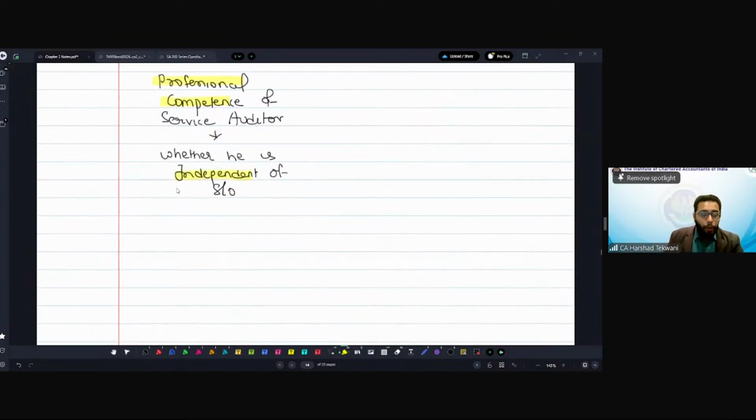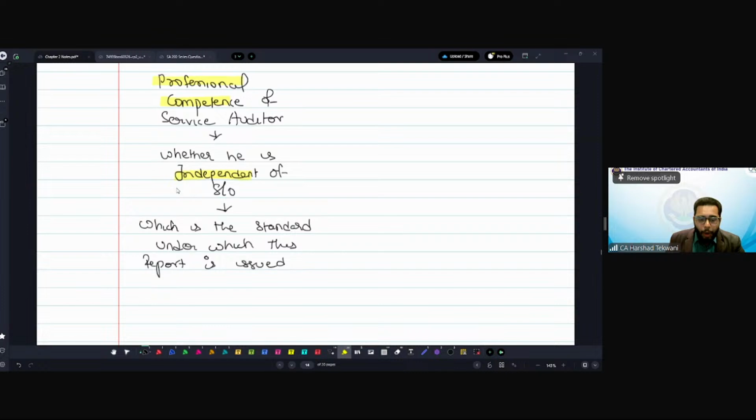Then I will check, if he is competent and independent to issue this report, which is the standard under which this report is issued.